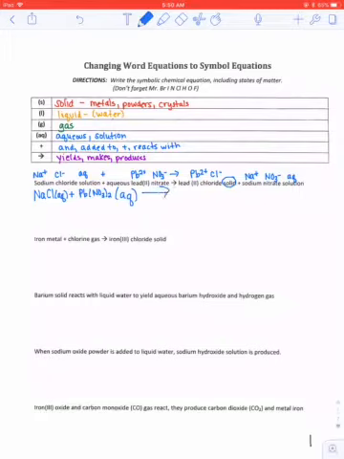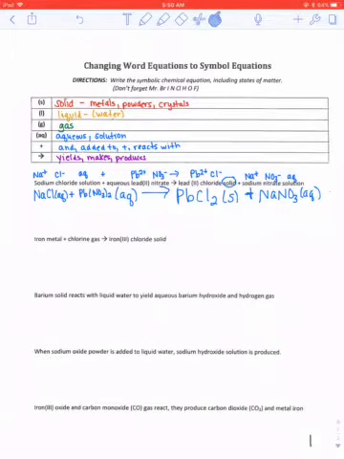It makes lead chloride, so that's PbCl2, it's a solid, and sodium nitrate solution, NaNO3 solution. So as I said up here, aqueous can also mean solution.